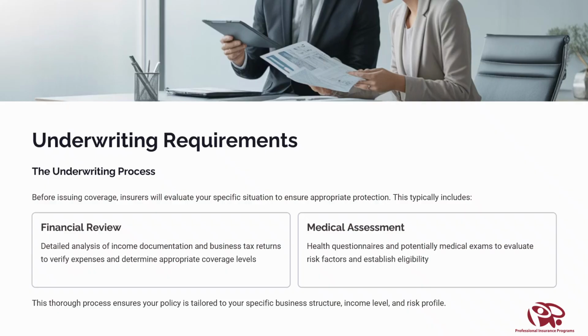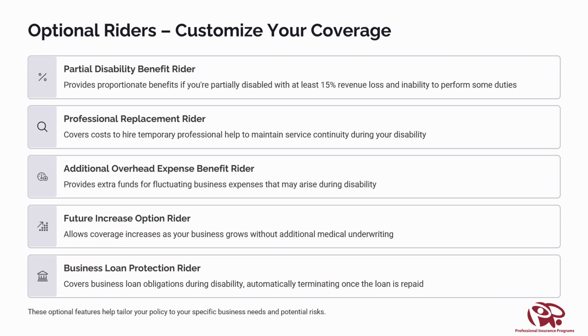Your overhead expense policy can be customized with optional riders that provide added flexibility and protection. The partial disability benefit rider pays a proportionate benefit if you're partially disabled, have at least a 15% drop in revenue, and are unable to perform all of your regular duties. The professional replacement rider helps cover the cost of hiring a temporary professional so your business can continue offering services during your absence.